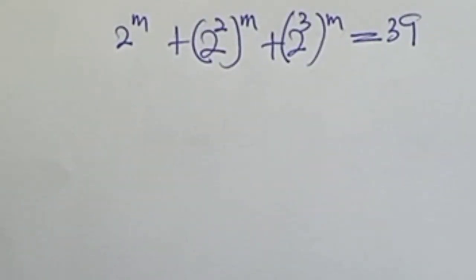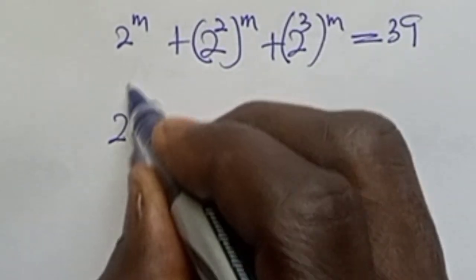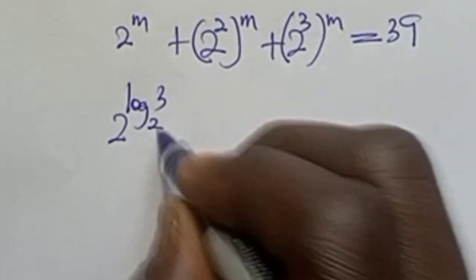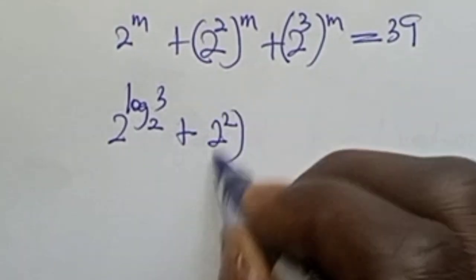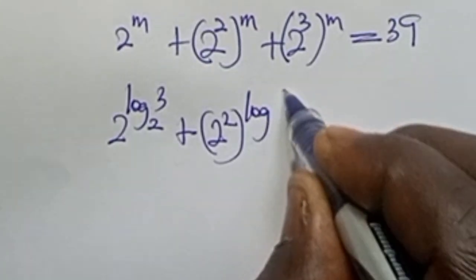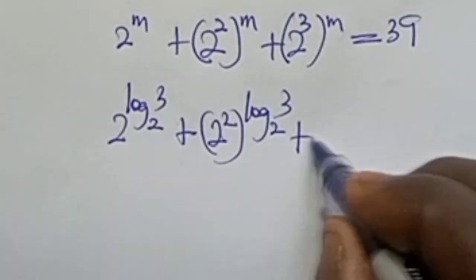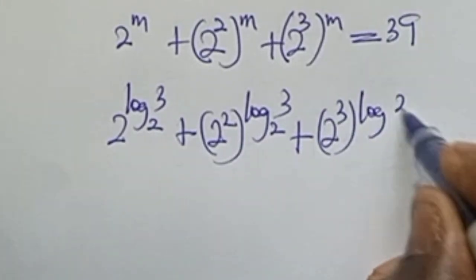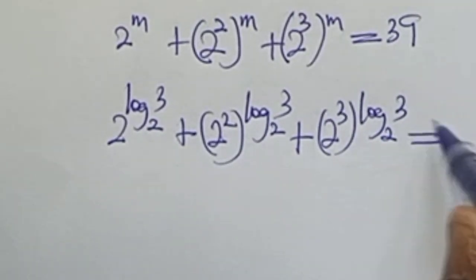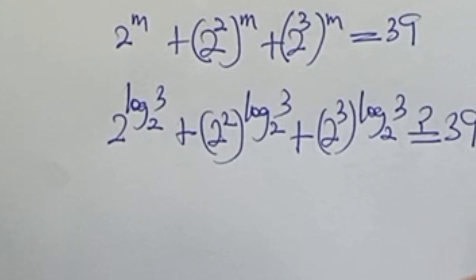So we're going to replace the value of m as 2 to the power of log 3 base 2, plus 2 to the power of 2 log 3 base 2, plus 2 to the power of 3 log 3 base 2. Could this be equal to 39?